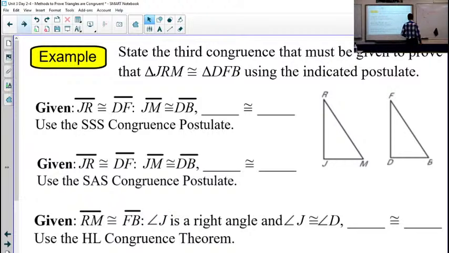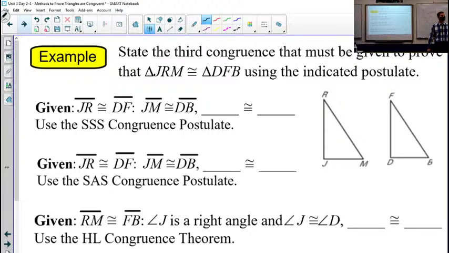State the third congruence that must be given to prove that JRM is congruent to DFB, using the indicated postulate. So here's what we're doing here. In each problem, we're using this same set of triangles. So we're going to mark up this triangle a bunch of different times.